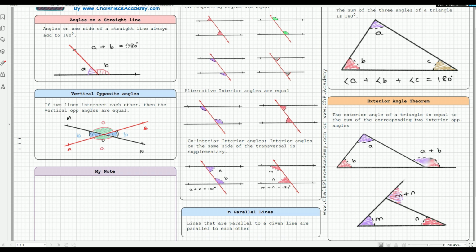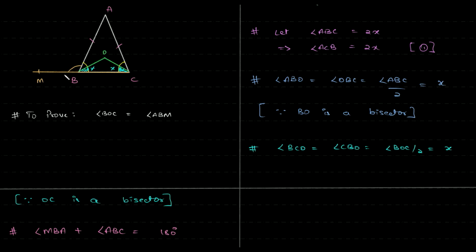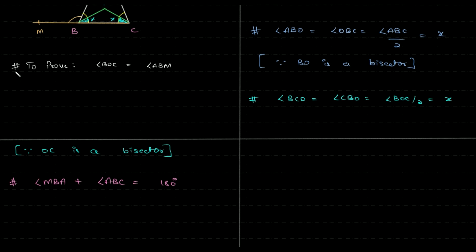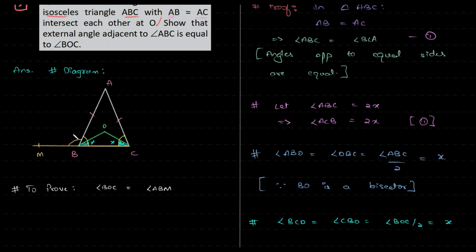So they are angles on a straight line, is it not? Agree? This is a straight line. This entire angle is being cut by this line. So we have angles on a straight line.